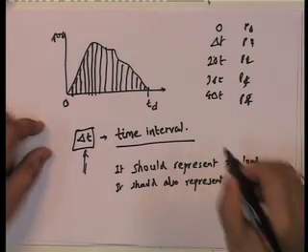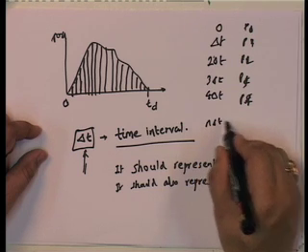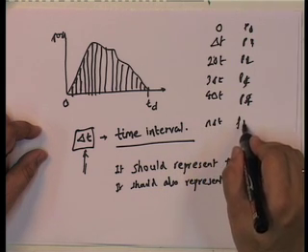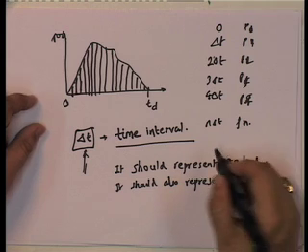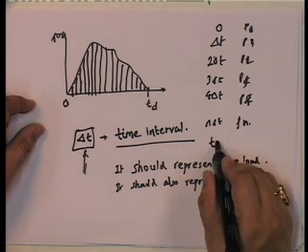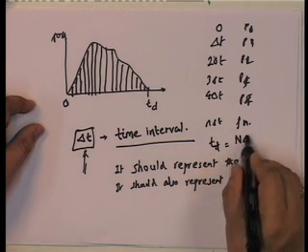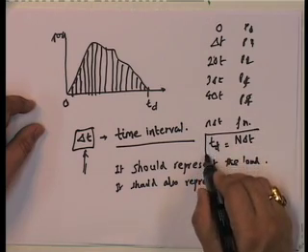So, in other words, at n delta t you have P n, and T d is equal to n into delta t.